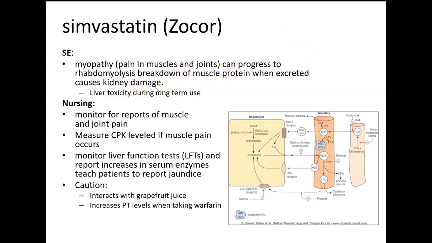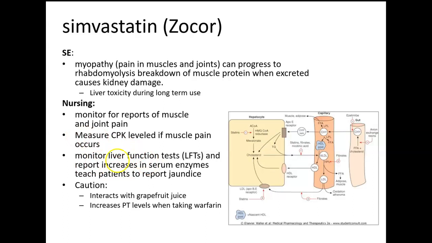So something to watch is to really monitor for reports of muscle and joint pain. If there's muscle pain, we want to look at their CPK, that's their creatine phosphokinase, and see if that is elevated. That might tell us there is some real stuff going on here.